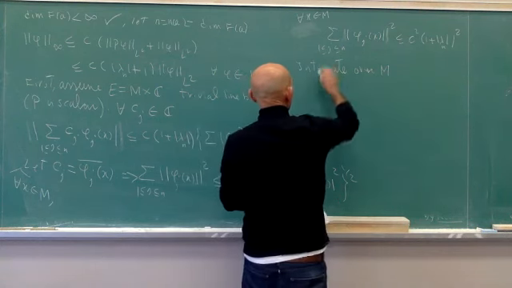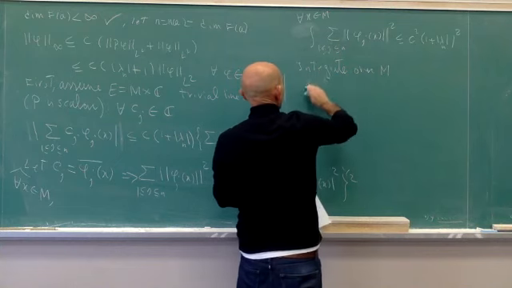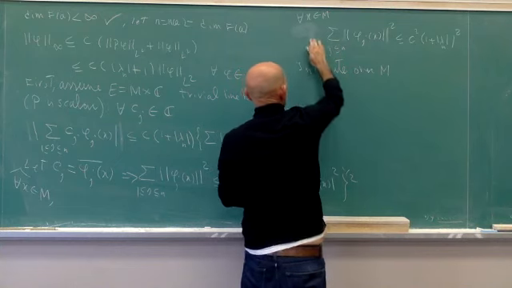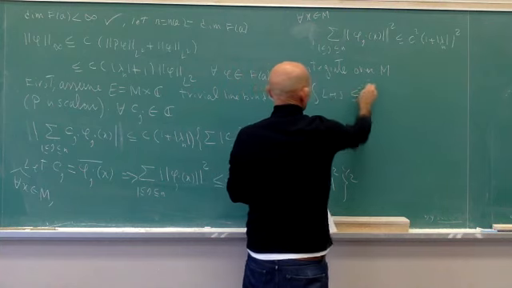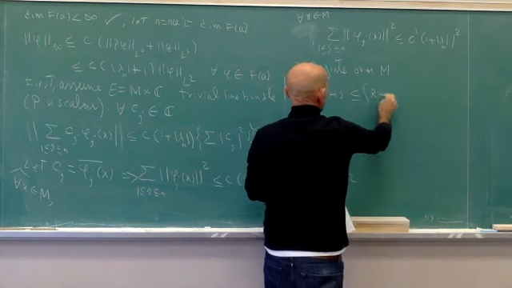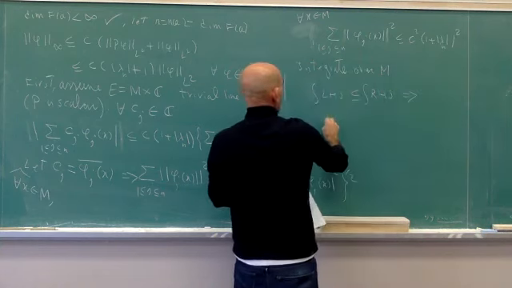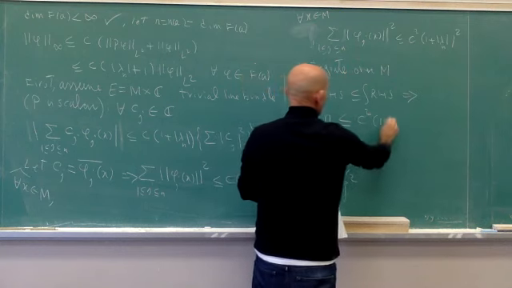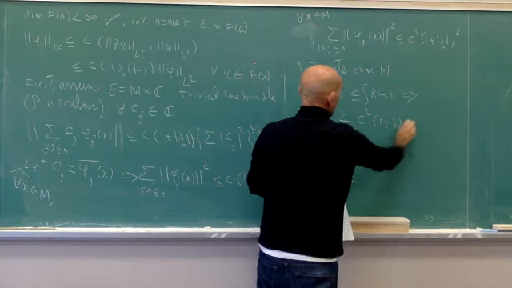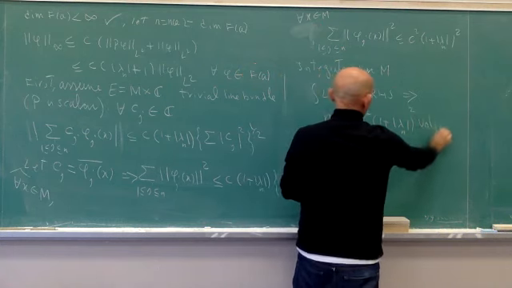So let me put it like this: the integral of the left-hand side is less than or equal to the integral of the right-hand side. So the left-hand side gives me n, right? It is less than or equal to C2 times 1 plus absolute value of lambda n squared times the volume of n.